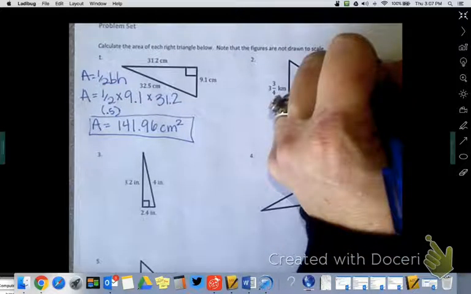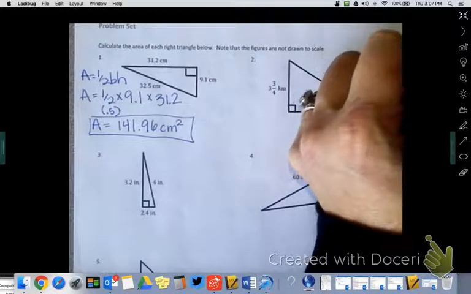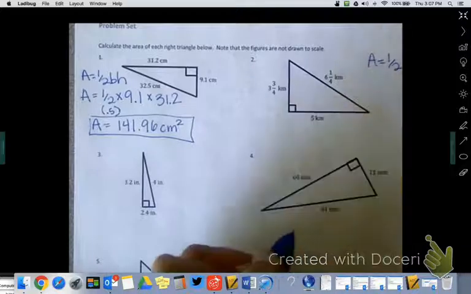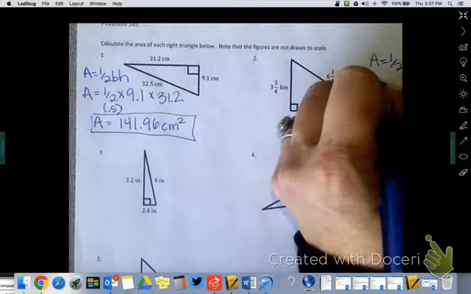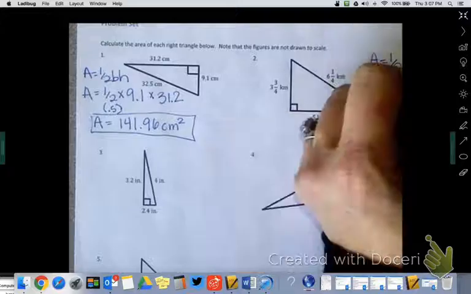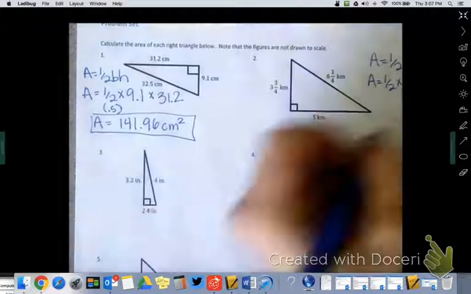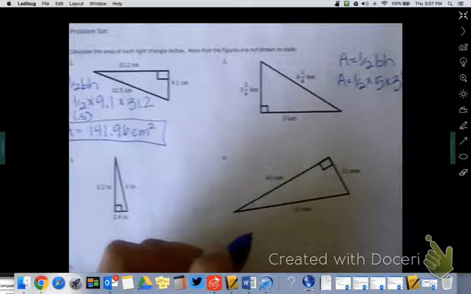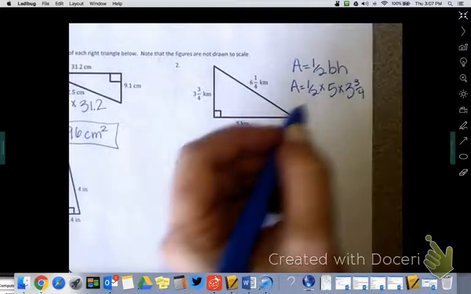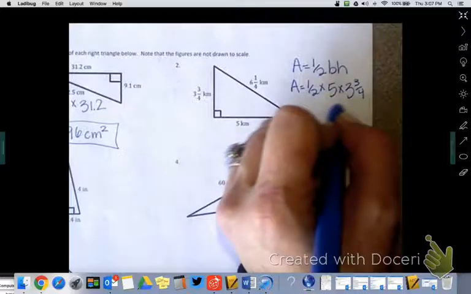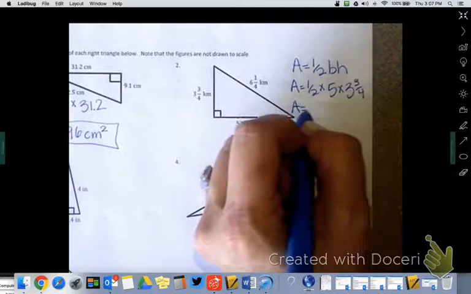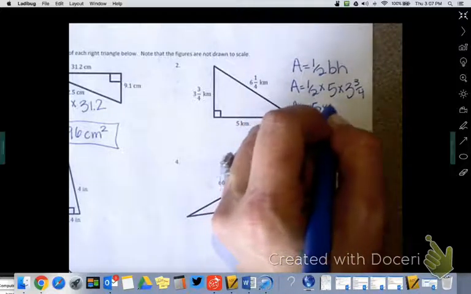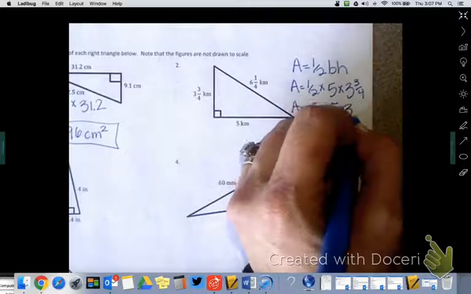All right, area equals 1/2 times the base times the height. Area equals 1/2 times 5 times 3 3/4. Okay, I'm probably going to go ahead and use decimals for these, and I'm going to rewrite that as area equals 0.5 times 5 times 3.75.